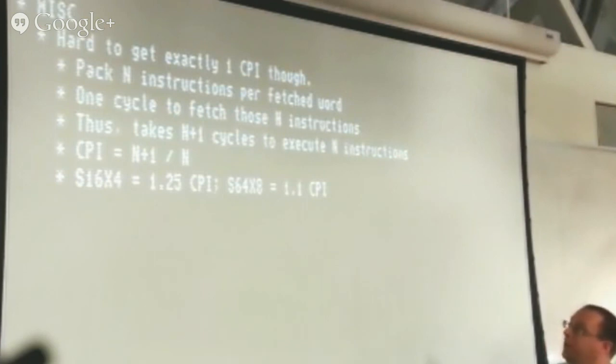So to execute those n instructions, obviously takes n plus 1 cycles. And therefore, you asymptotically approach 1, but you never actually reach it, unless you can find a way to amortize the instruction fetch during an idle processing cycle. But the logic to do that is not insignificant.